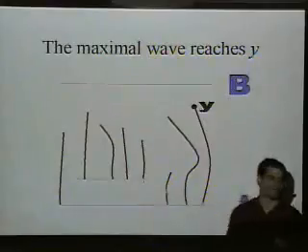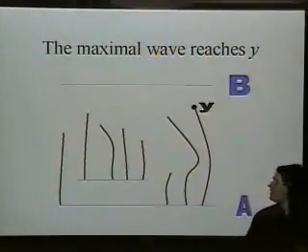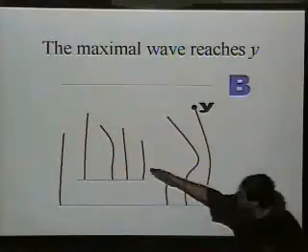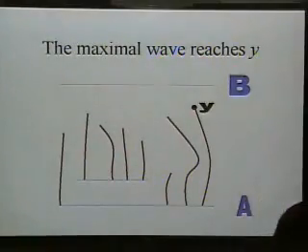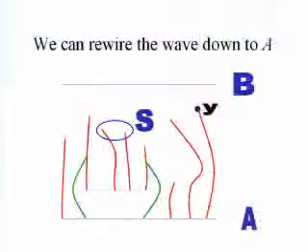And we take some maximal wave in this quotient. And this maximal wave reaches y. Now, what's the problem with this wave? The problem is that it doesn't start in A. It starts somewhere in there. So what we need to do is to somehow rewire this wave so that it will start at A.